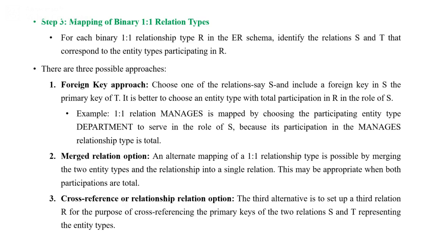Then the third possible approach is the cross reference or relation option. This is the third alternative approach, where we set up a third relation, that is R, for the purpose of cross referencing the primary keys of the two relations S and T representing the entity types.